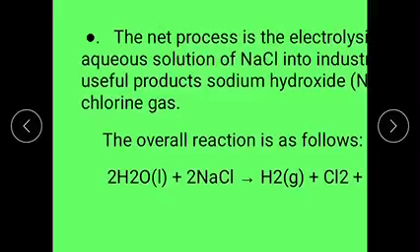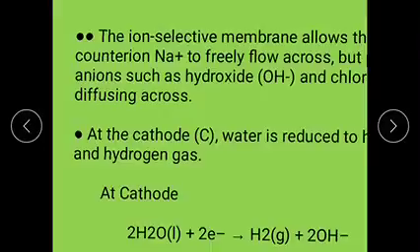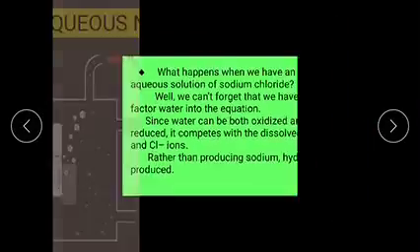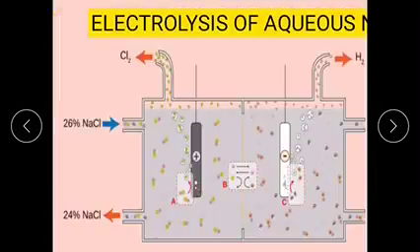The net process of reaction here is simply this: aqueous NaCl solution produces Na plus, Cl minus, H plus and OH minus ions.